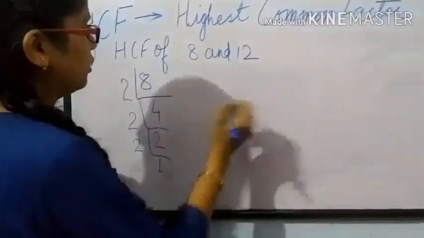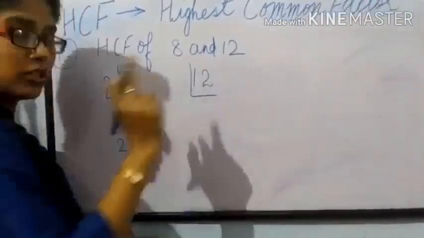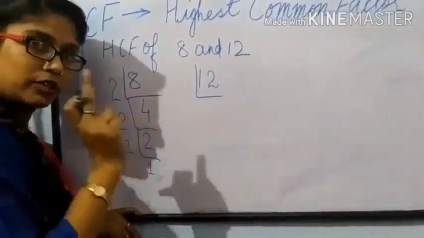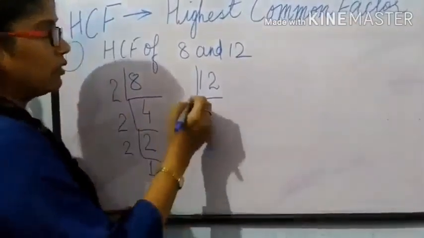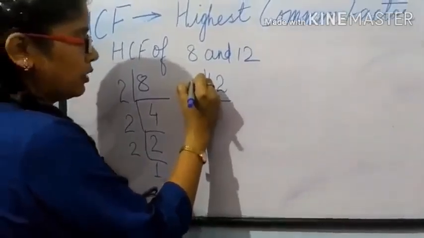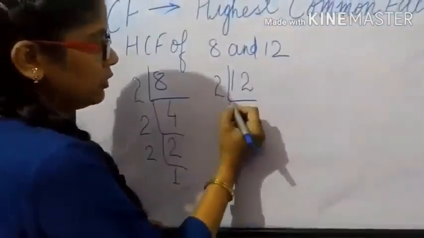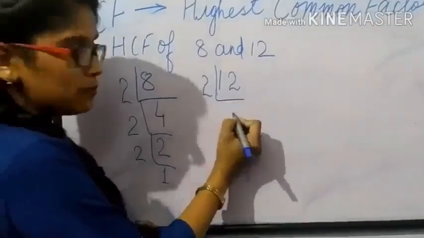Now 12. We can say that 12 is also an even number, so we will take the least even number, 2, which can divide it completely. So in the table of 2, 12 comes in 6 times.